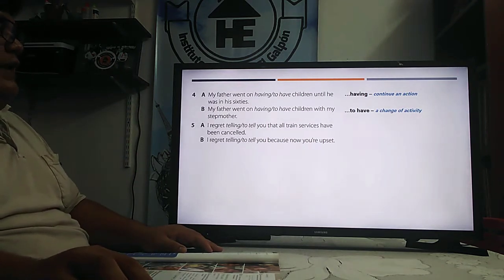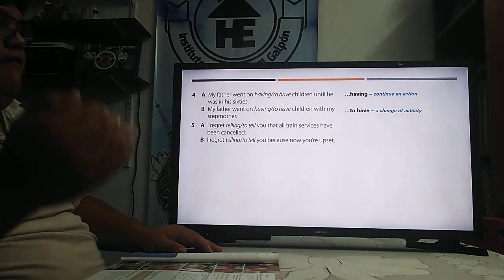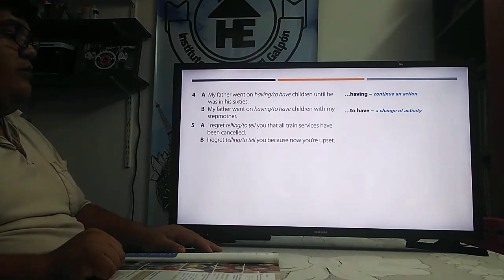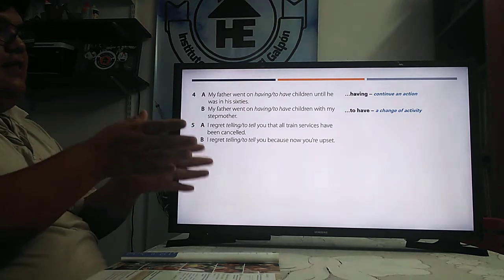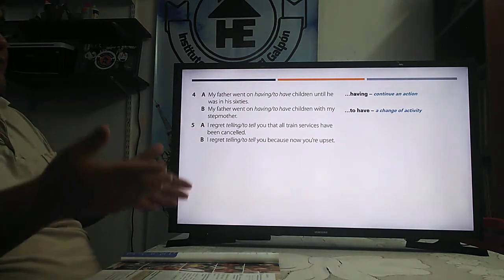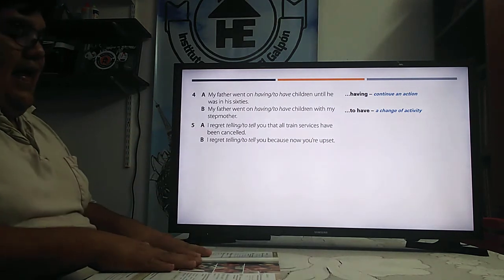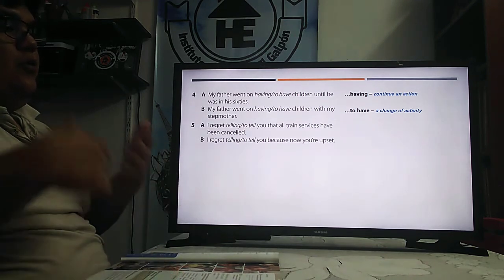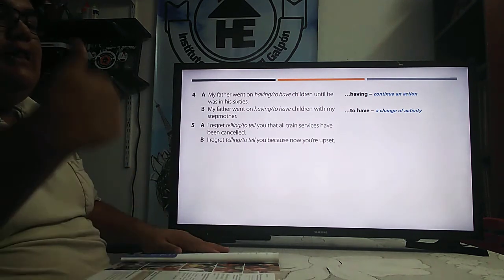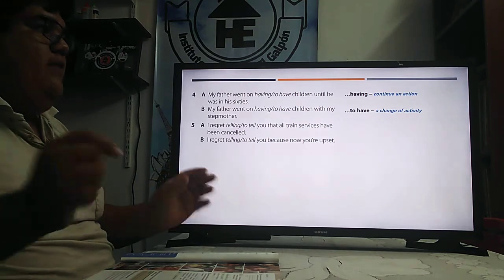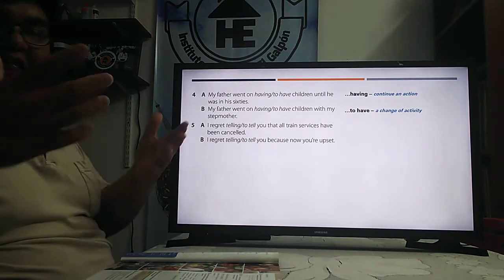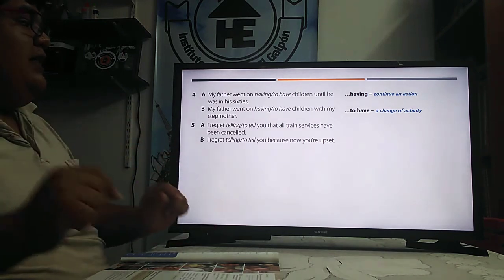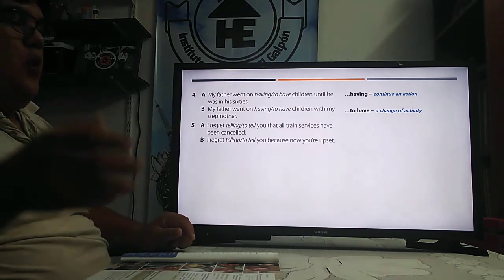And then my father went on to have children with my stepmother. That is, he changed the activity. Maybe your father or the father of this person already had some children with this person's mom, and then he decided to change wives in this case and to have children. That is to change the activity, okay? An activity that was in progress.